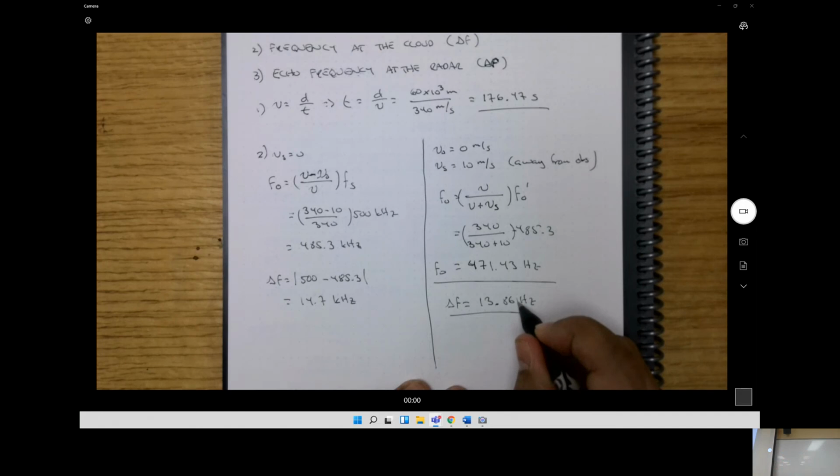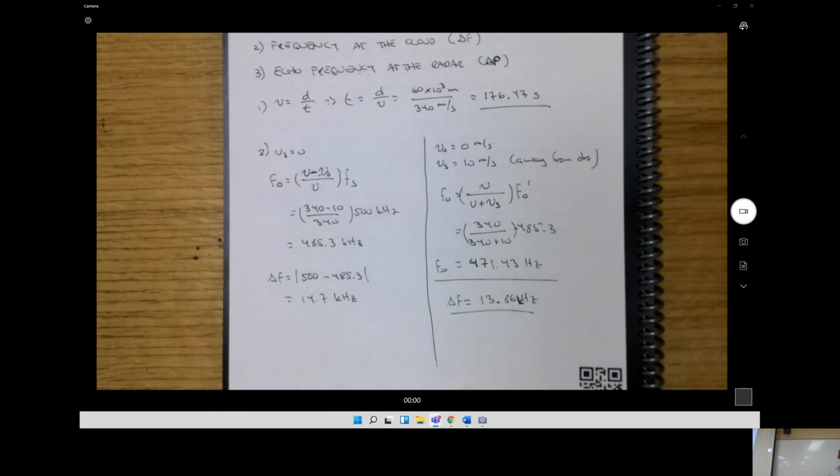Kilohertz. Yeah, makes sense. Any questions so far? Okay.